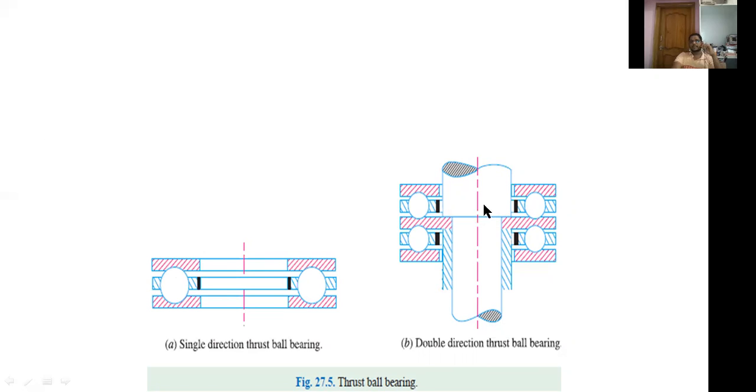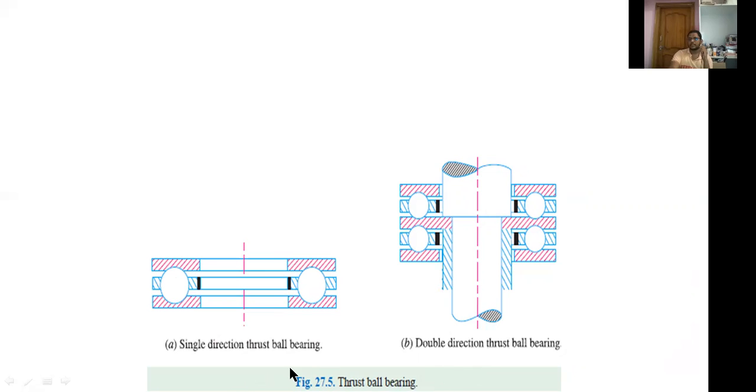Now these are the examples for thrust ball bearings. Thrust ball bearings are used for carrying the thrust loads. Here the loads are acting along the axis of the shaft. Whereas single row deep groove ball bearings, double row deep groove ball bearings, and self-aligned ball bearings are used for carrying the radial loads, these thrust ball bearings are used for carrying the thrust loads.